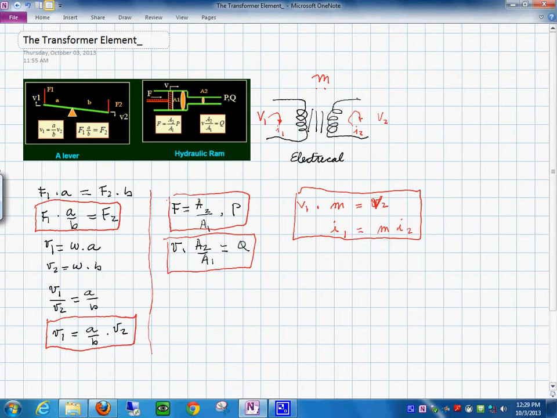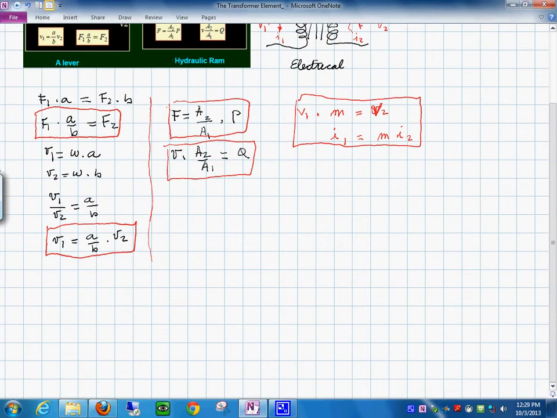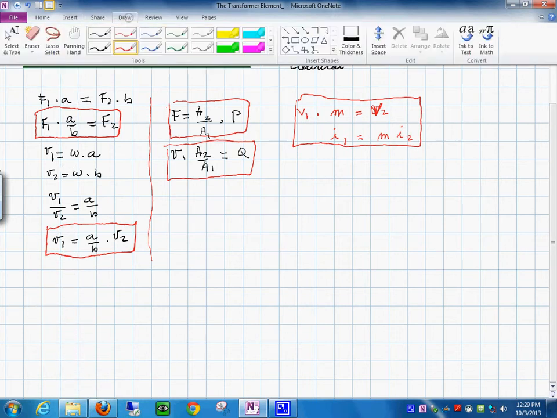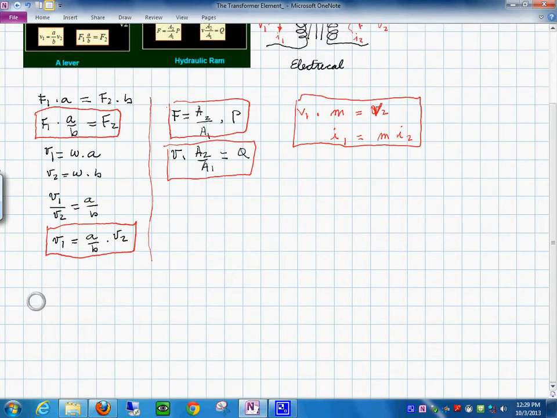So how do we actually build a block diagram of this? What you have in this case is a signal in here. This is going to be F1, which gets multiplied by this lever ratio, A over B, and out comes F2.